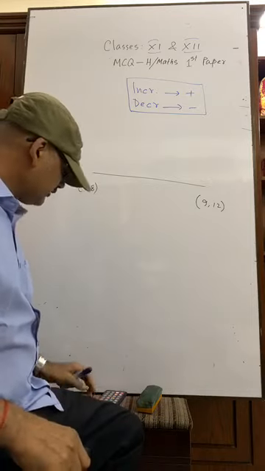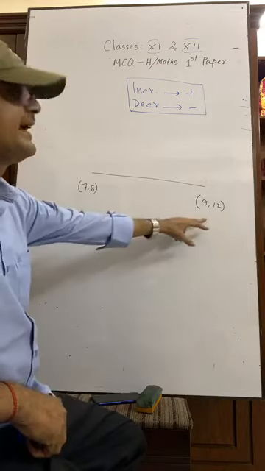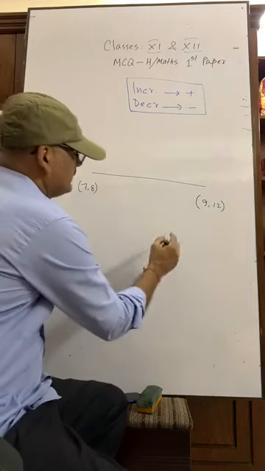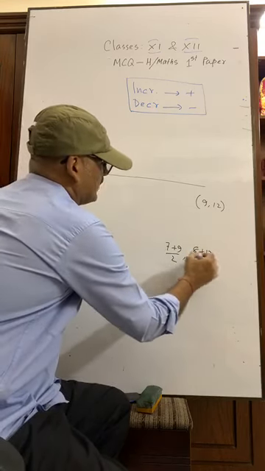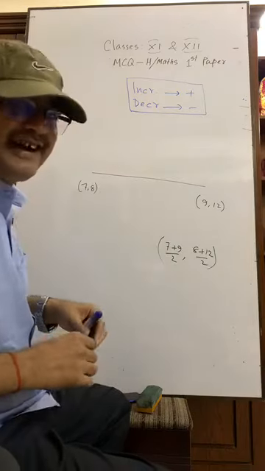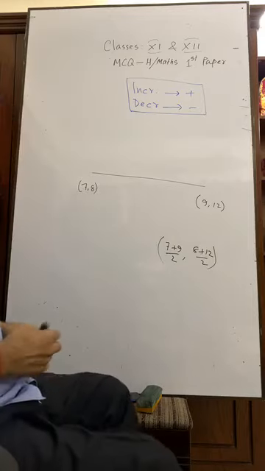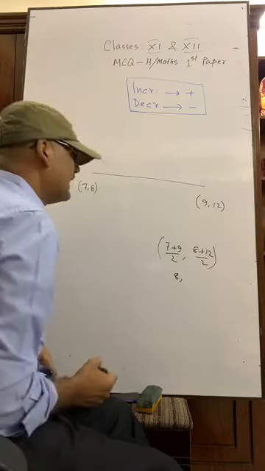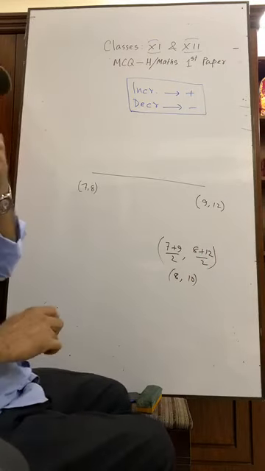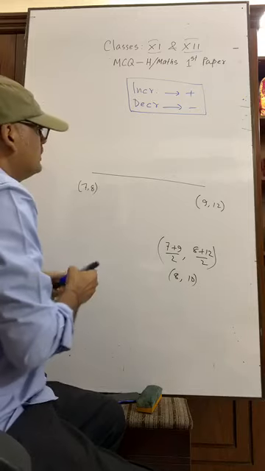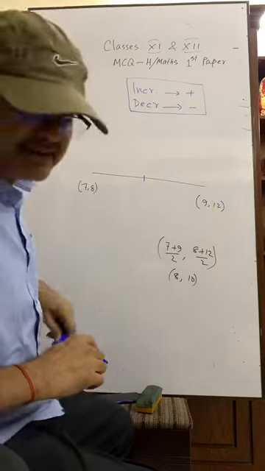So what will you tell, sir, it is really very easy. 7 plus 9 by 2, 8 plus 12 by 2. That is 7 plus 9 equals to 16 by 2, 8. And 8 plus 12 is 20 by 2, that is 10. Okay, I know that all of you can determine the midpoint of the straight line joining these points. Okay, that's good.